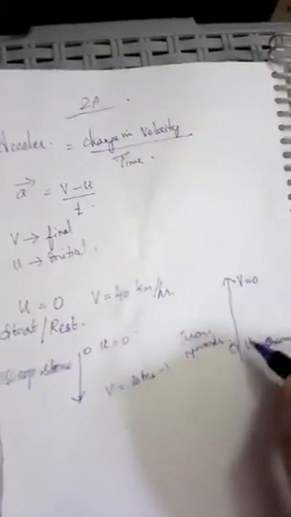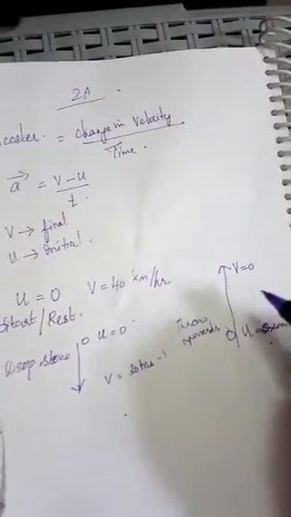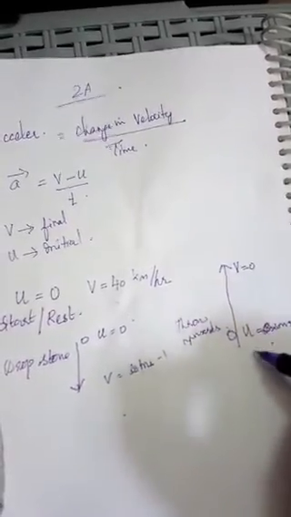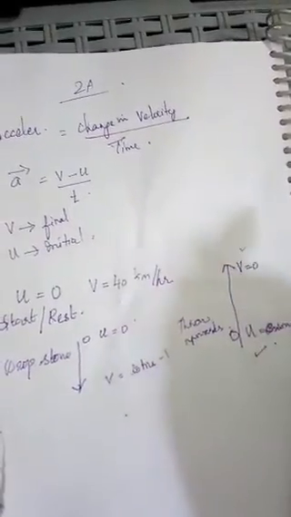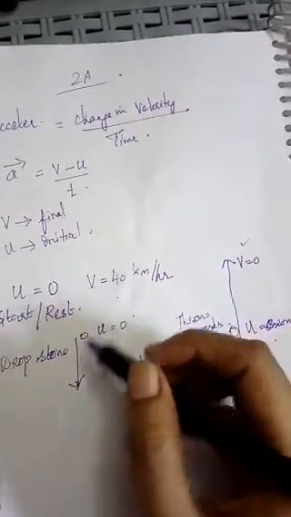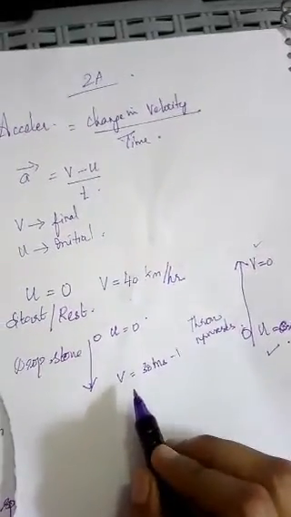So whenever you throw an object vertically up, it will have a velocity, and at the top, the maximum height, the velocity will become 0. So you will have an initial velocity and the final velocity will become 0. But whenever you drop a stone down, in that case your initial velocity is 0, but it will have a final velocity.